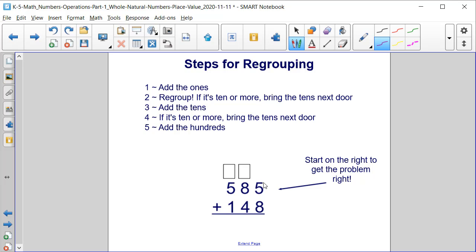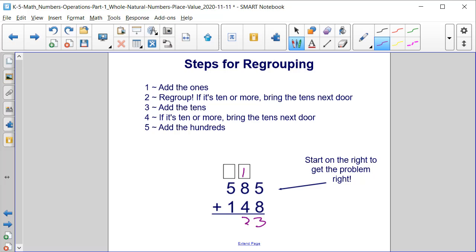So first, add the ones. 5 plus 8 gives us 13. If it's 10 or more, bring the 10 from 13 next door. So put the 3 down, bring the 10 in 13 next door. And then we can add 1 plus 8, which is 9, and 9 plus 4 is 13 again.